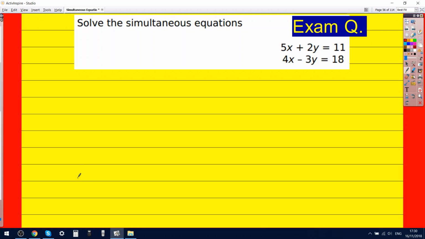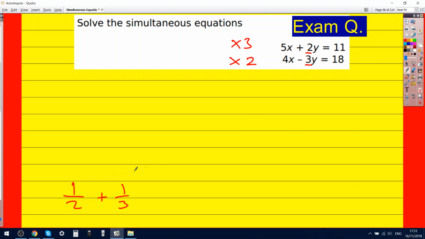So it's just like with fractions, like 1 over 2 plus 1 over 3. You just multiply them by the other one. The coefficient of y for the bottom is 3, so you times the top one by 3. And the coefficient of y on the top line is 2, so you times the bottom by 2.